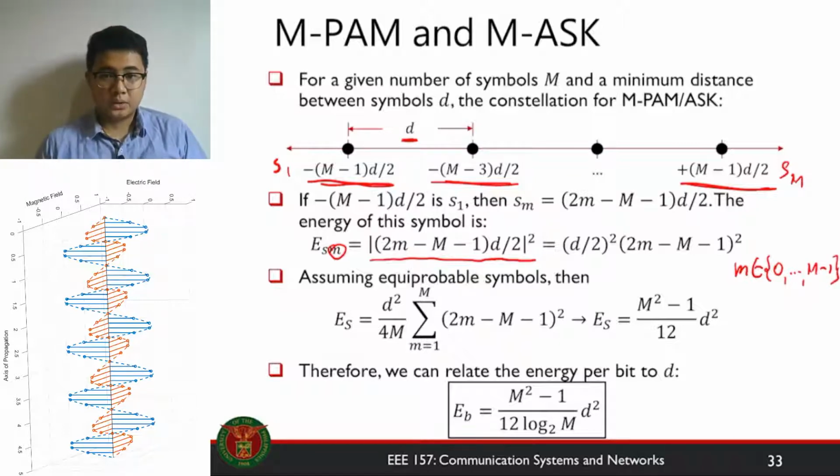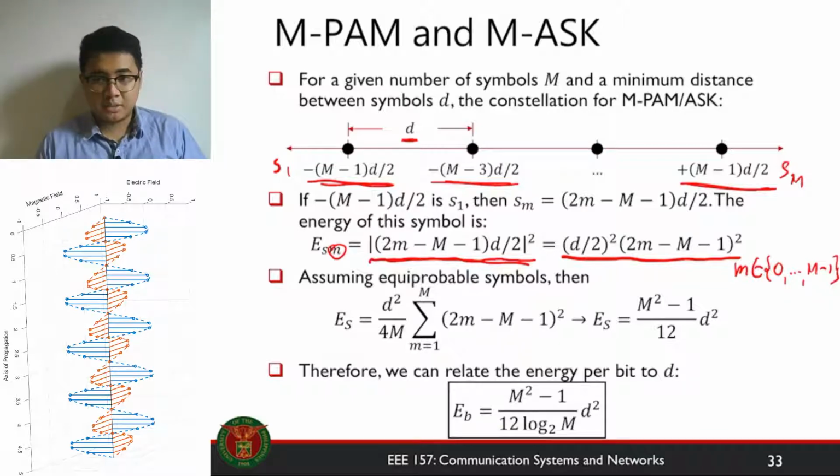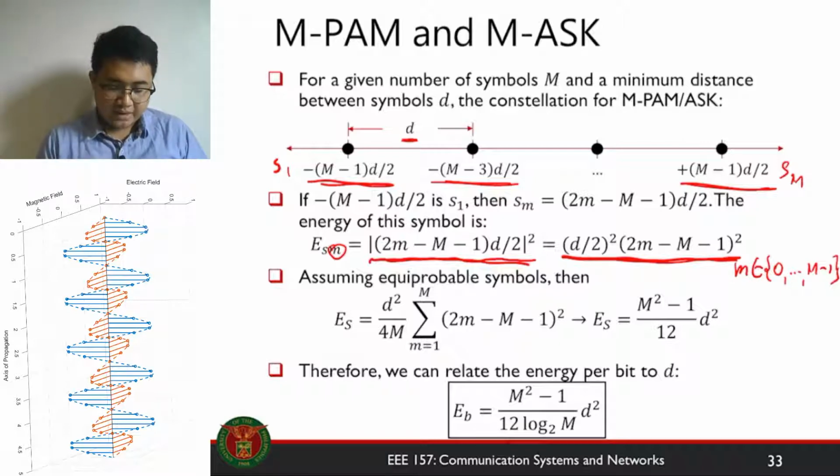Okay? So the energy of the mth symbol is equal to the magnitude of the symbol squared. So you get this formula right here. If we want to get the average energy per symbol, then if we assume equiprobable symbols, we can simplify this. Okay? Divide it by M, and you get this equation here.